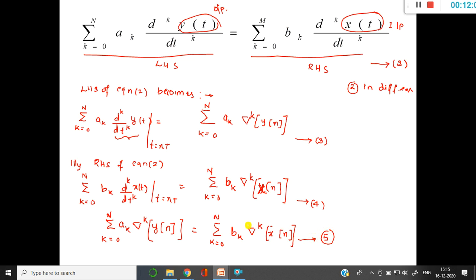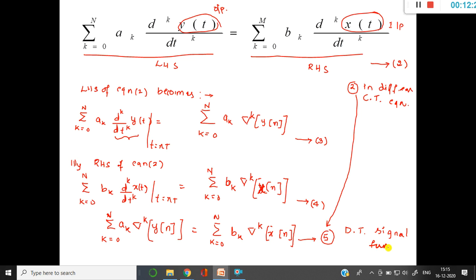But what is our objective? What we did here from equation 2 to equation 5 indicates that equation 2 was a continuous time differential equation. Now, if you observe equation 5, it represents my discrete time signal or discrete time function.